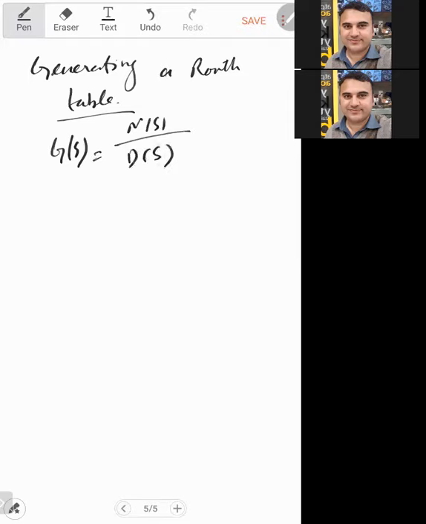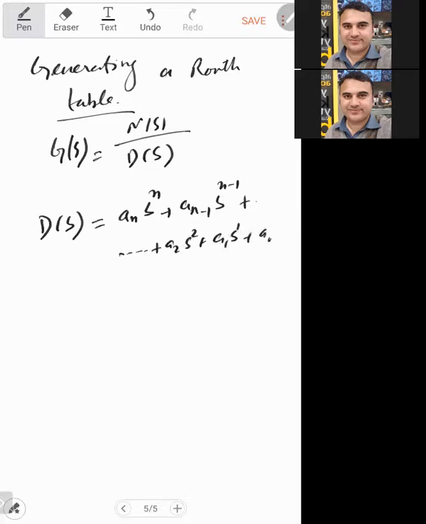And we are interested in the denominator polynomial because this will give us the pole information. So let's say the denominator polynomial is from the same expression: a_n s^n plus a_(n-1) s^(n-1) plus a_2 s^2 plus a_1 s plus a_0. So this is the denominator polynomial.